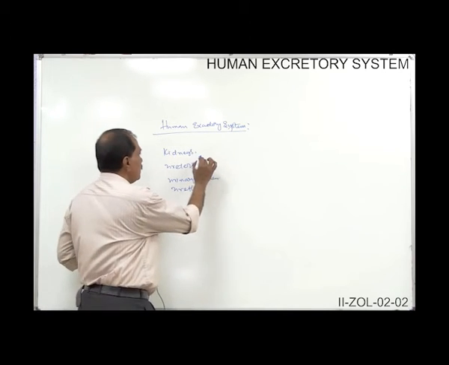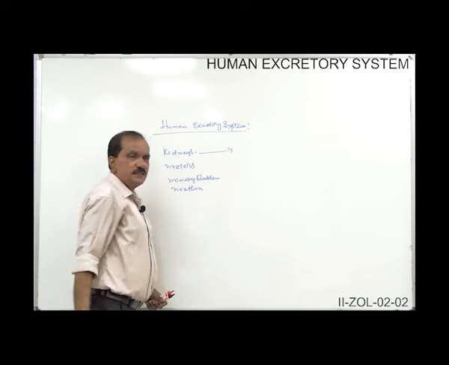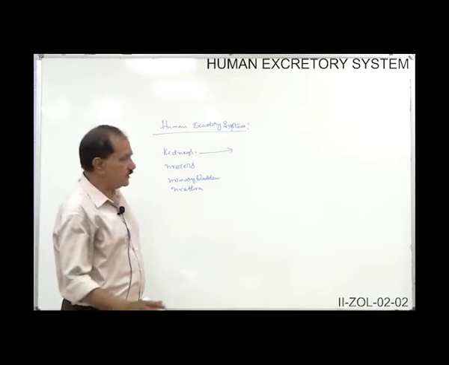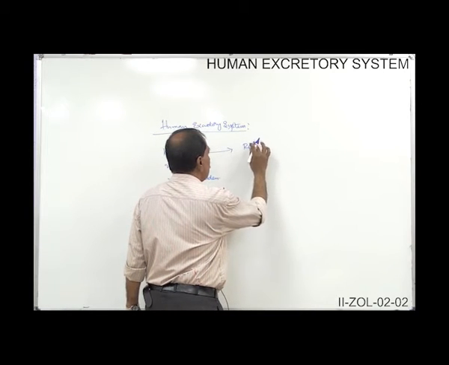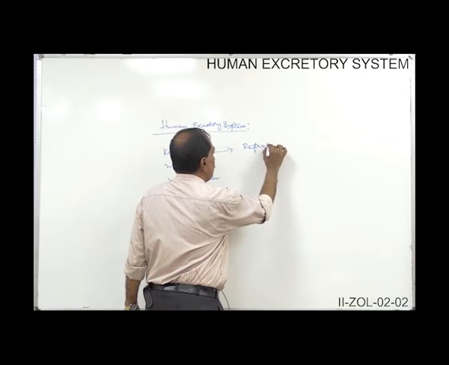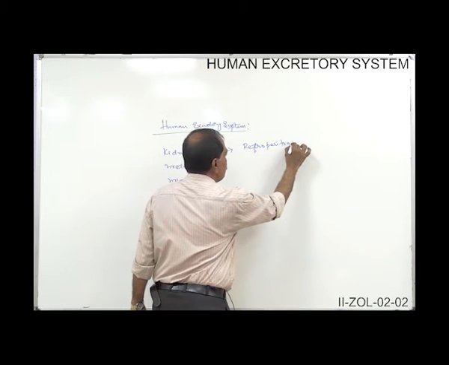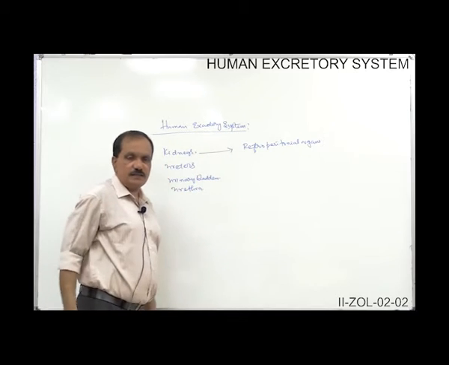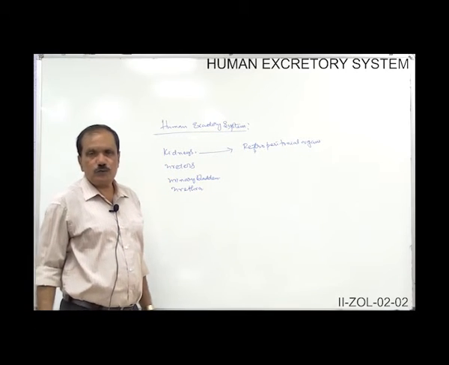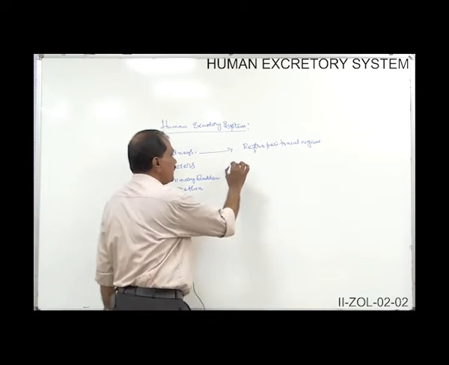If you see about the kidneys, a pair of kidneys will be present, which are called retroperitoneal organs. The kidneys are called retroperitoneal organs, which are two in number. They are bean in shape.